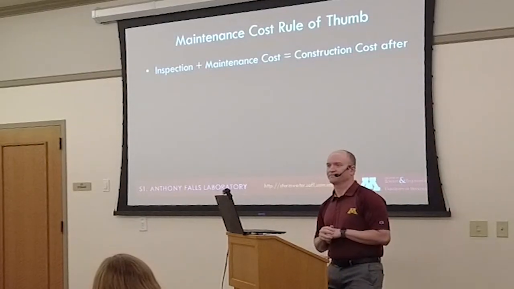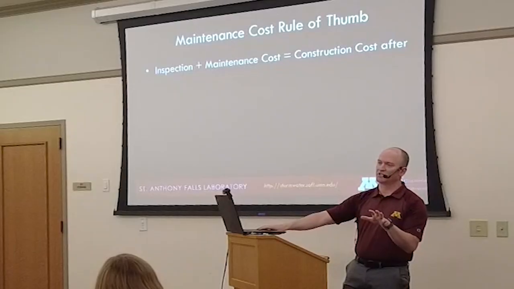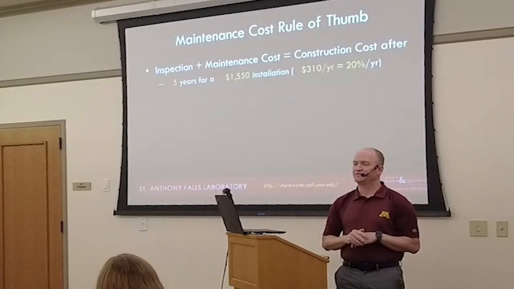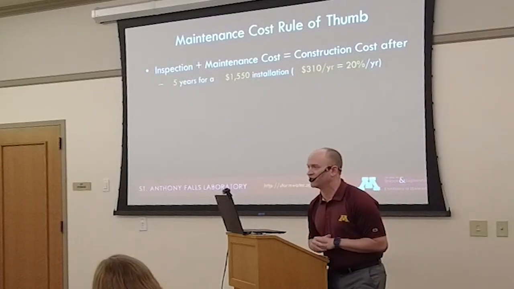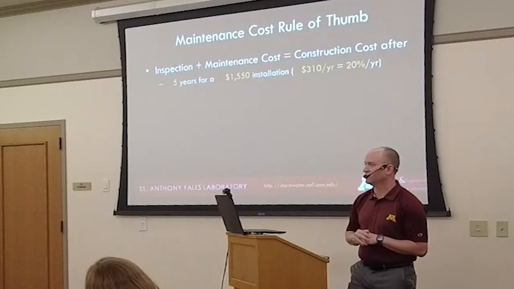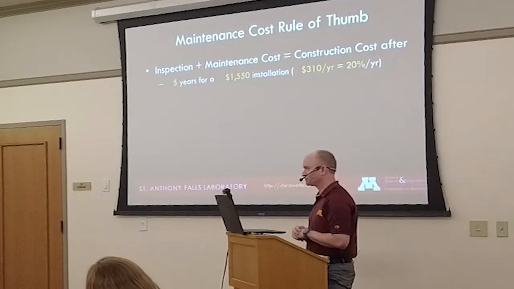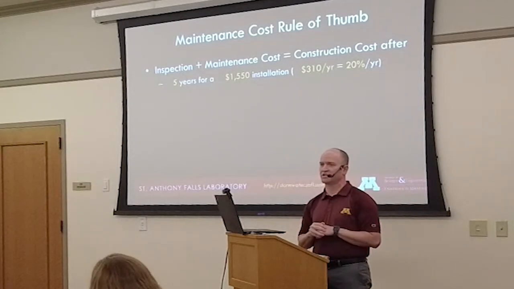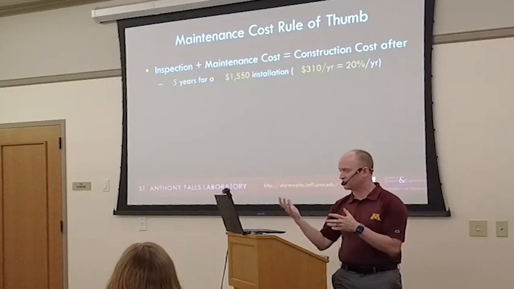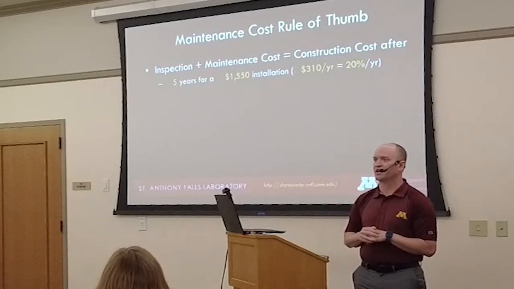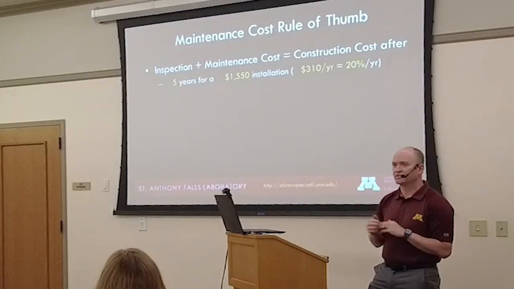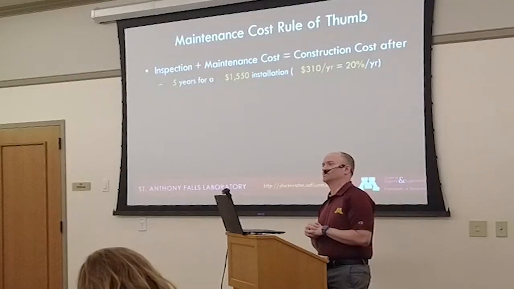Okay? And that changes based on how much it costs. If you spend $1,500 to build something, if you have one of these small rain gardens in your front yard or in your neighbor's front yard, many cities, watershed districts have cost share programs where they'll give you $1,000 or $1,500 to help you build a rain garden. That's a typical cost for some of these small practices.